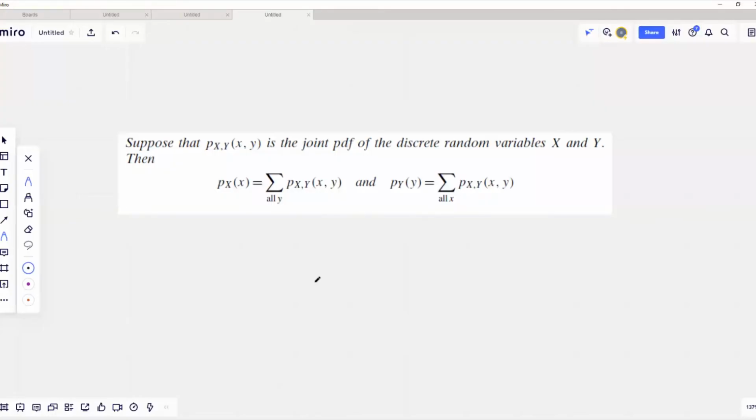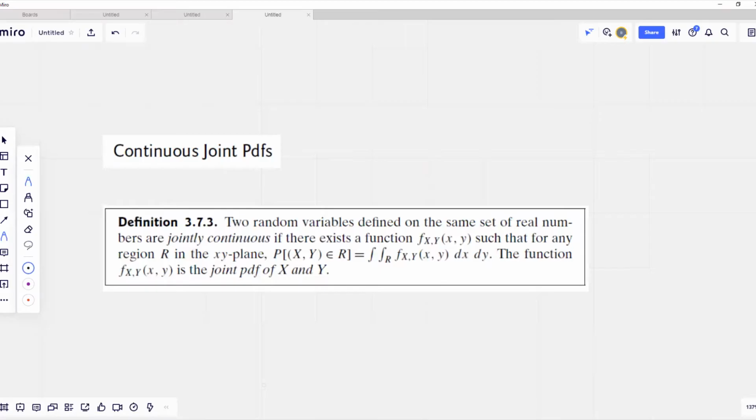Thus, to find the marginal PDF of random variable x, we have to sum up our joint PDF of x and y over all values of y. And to find the marginal PDF of y, we have to sum up our joint PDF over all values of x.